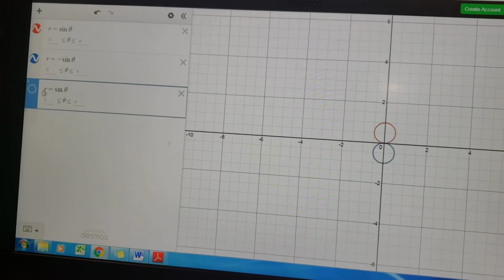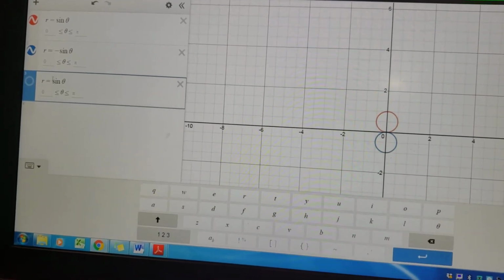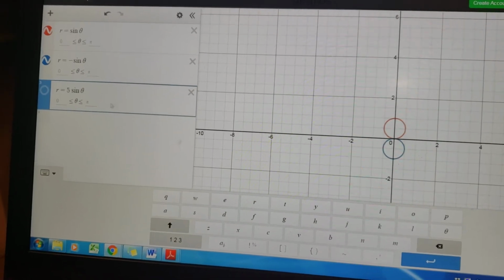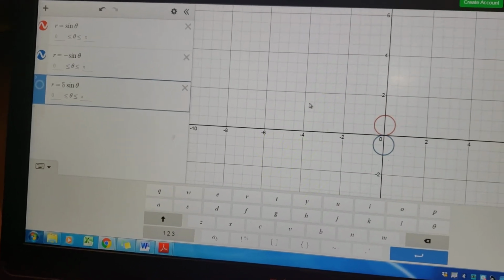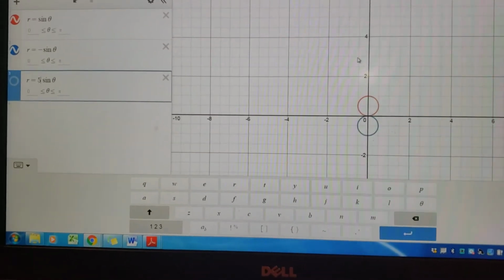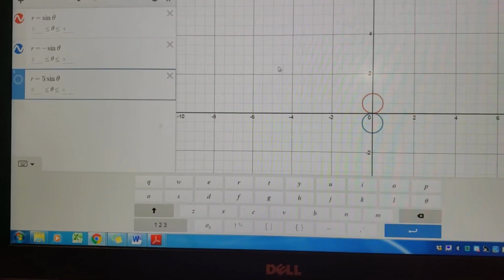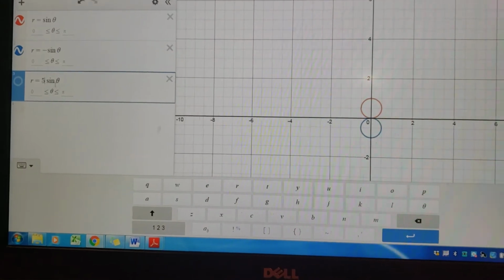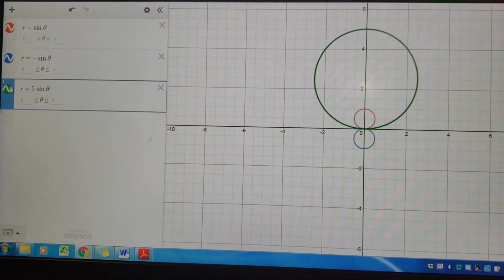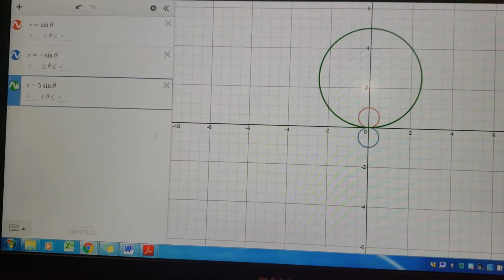Now, what do you expect to see if I put a coefficient of 5 there? What would you expect to see? What would be the orientation of this circle, and what would be its diameter? Think about that. Now I'm going to graph it. And there it is.